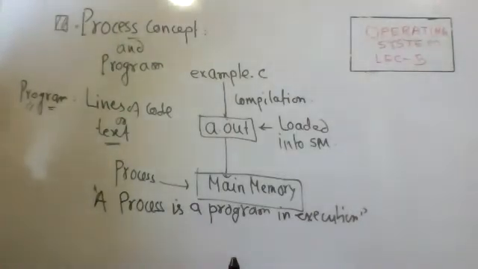Actually, when a.out is loaded into main memory from secondary memory, a kind of data structure is created, and basically this data structure is called the structure of a process in main memory.